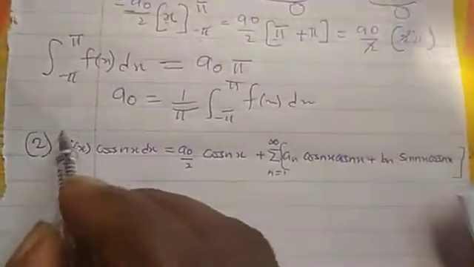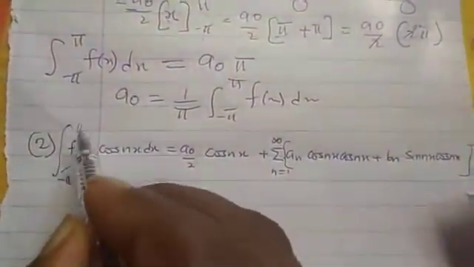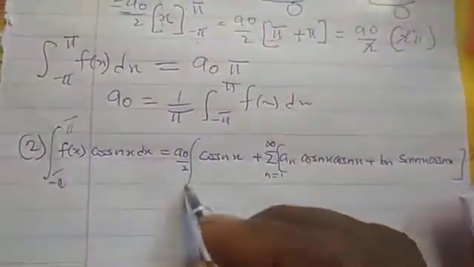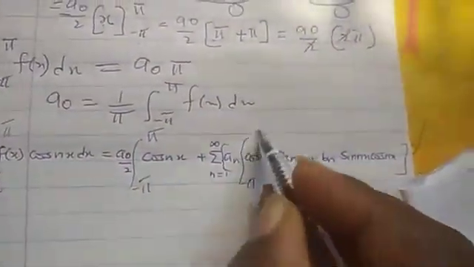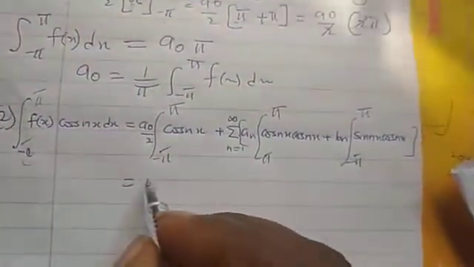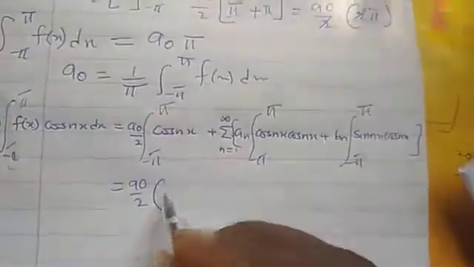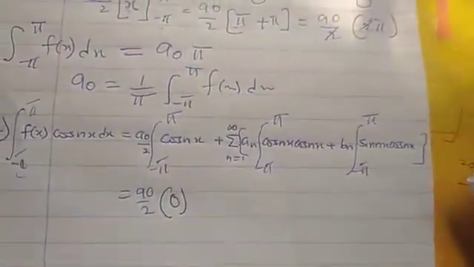You can now see that in that place they integrated from minus pi to pi. Let us do the same thing, integrating from minus pi to pi with respect to x. We don't know what this one will give us, so let's just keep it like that. But we know that this will give me 0 from what I've just shown you.